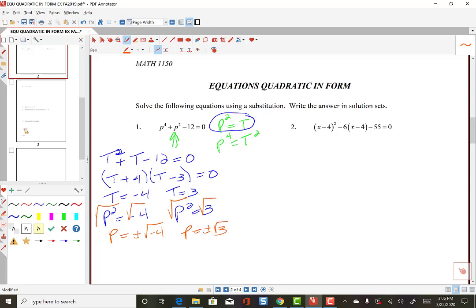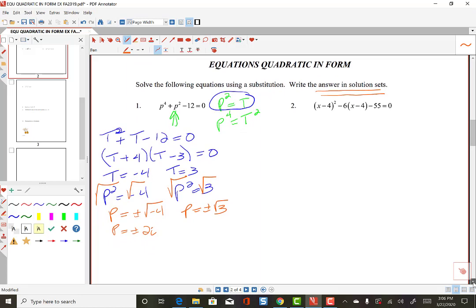Now, as it says in the instruction, we want to write our answers in solution set. Let me do one more simplification here. That means p is going to be plus or minus 2i, because if we are taking the square root of something negative, we end up with a complex number. So in the solution set, I am going to have 2i, negative 2i, the square root of 3, and negative square root of 3.